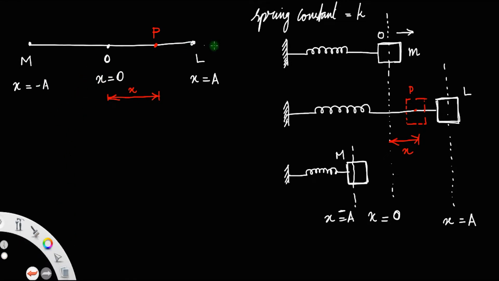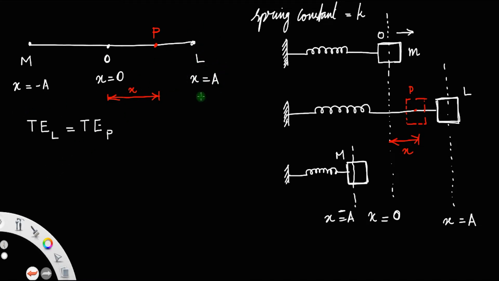We know that at every point the total energy remains the same. That is, total energy at the mean position O is equal to total energy at the position L, which is equal to total energy at the position P. At every point, whether it is M, O, P or L, the total energy remains the same.